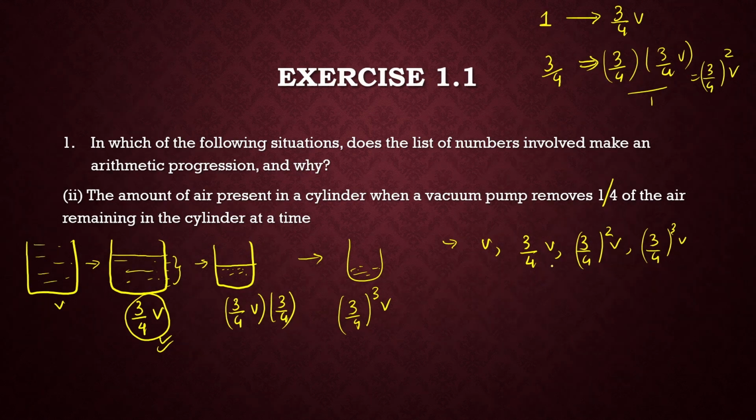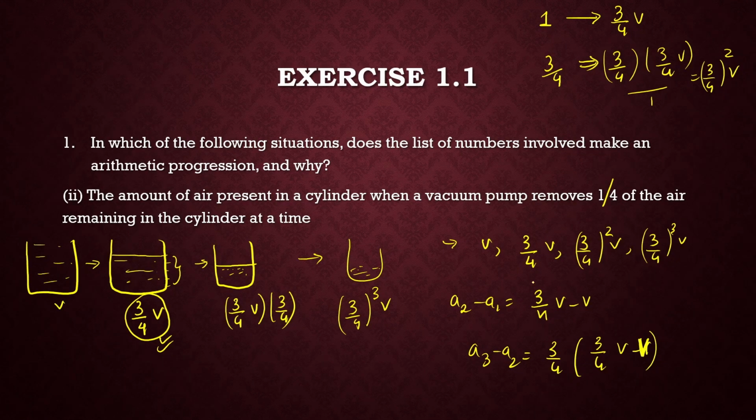By seeing it you can say that it's not forming an AP. If you want, you can check: A2 minus A1 is equal to 3 by 4 V minus V. But A3 minus A2 is how much? 3 by 4 into 3 by 4 V minus, sorry, minus 3 by 4 V. So you are again having some extra term here, which is not okay for us.